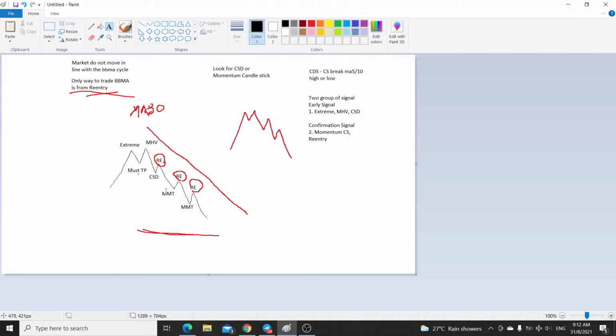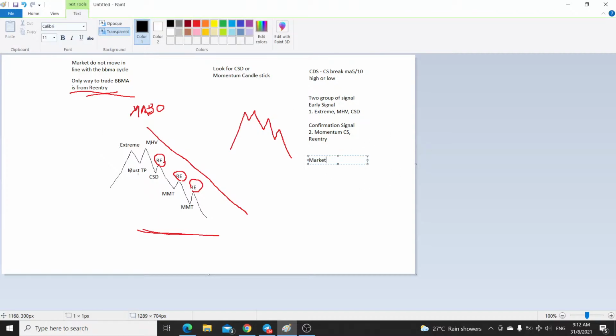So what do you do with this market structure? Basically, market structure we use to identify change of trend. Get it?